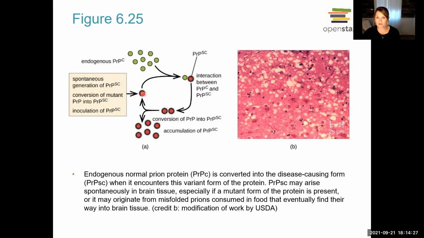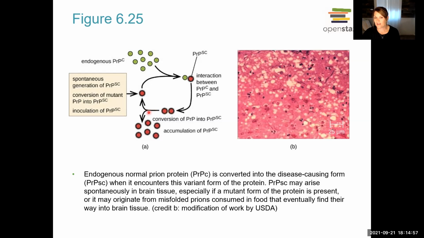This scrapie protein can be either from a spontaneous mutation that occurs in the normal protein, or there can be a conversion of mutant PrP into this protein, or you can get it by ingesting it, so inoculation of this protein. There are several ways that this can happen. But however it happens, once it comes into contact with the normal protein, it will convert that normal protein to the scrapie or the rogue protein.